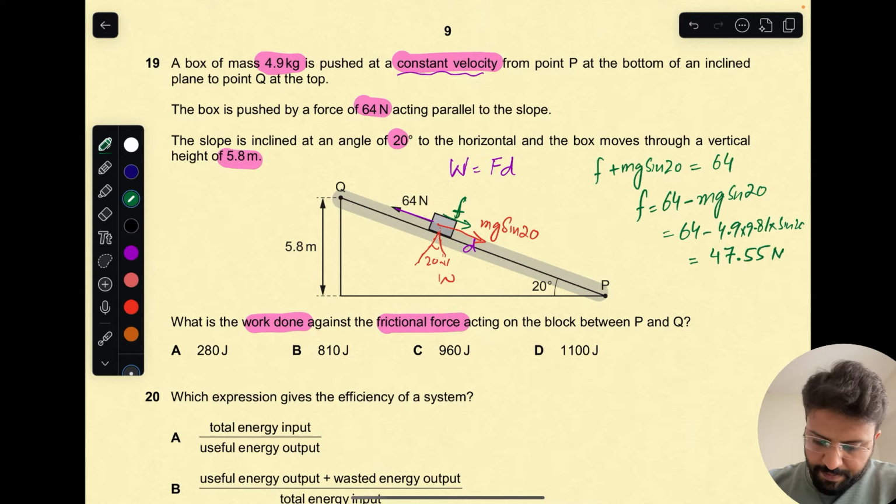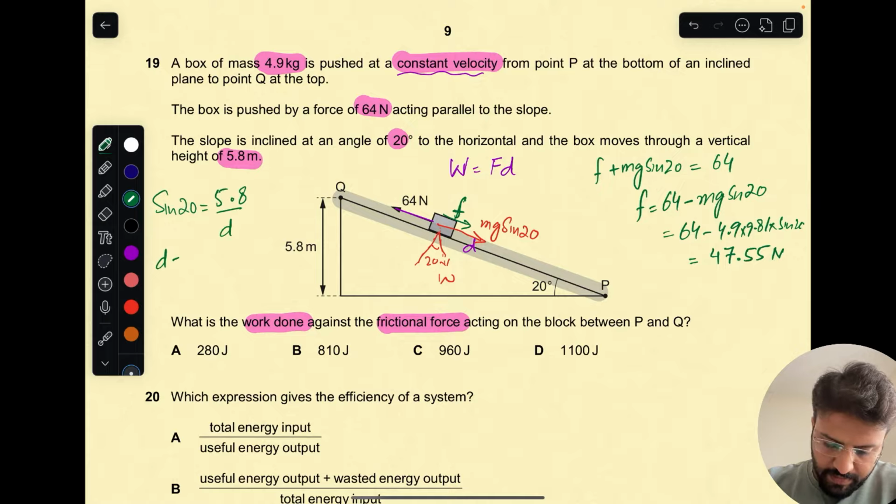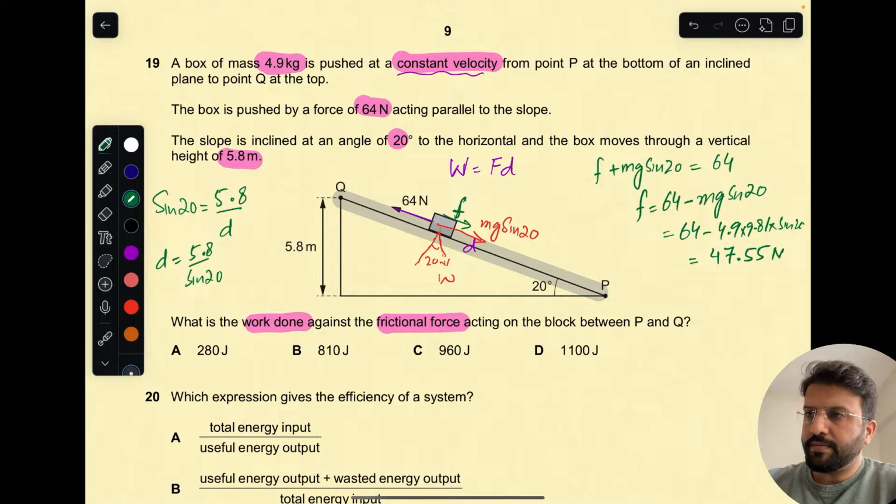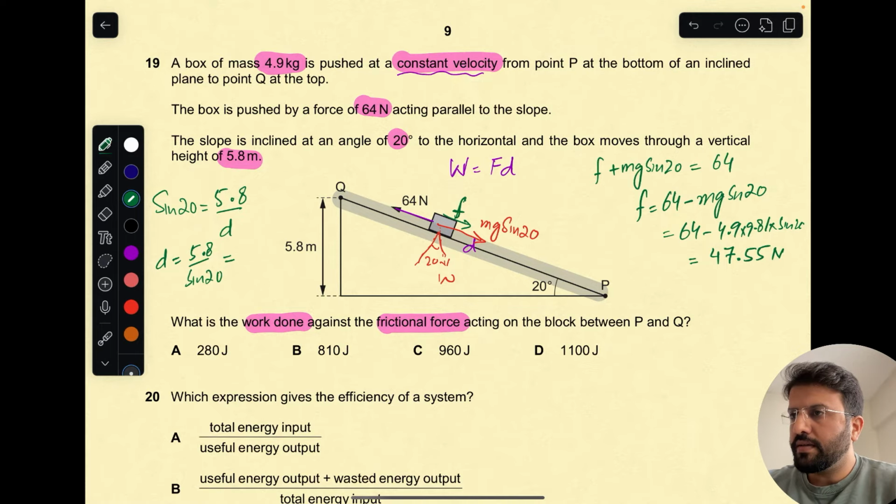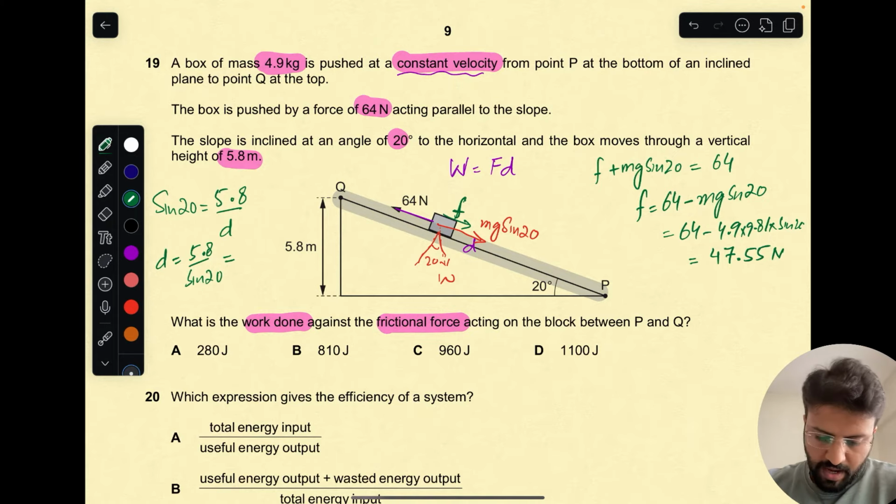Okay, now you have to find the distance D. By using simple trigonometry, this is the perpendicular, this is the hypotenuse, so we can use sine theta. Sine of 20 is equal to 5.8 divided by D. So D will be 5.8 divided by sine 20. That will give me 16.9 meters.